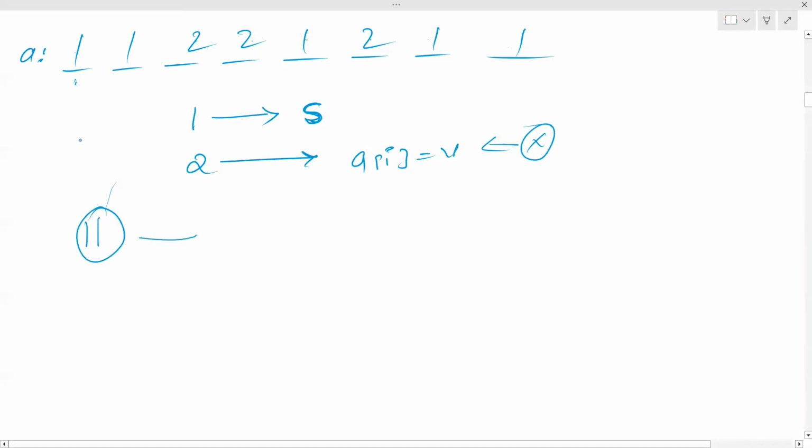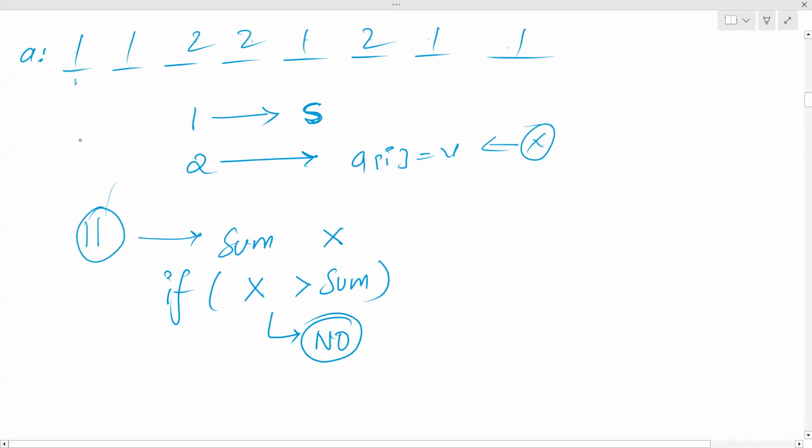If I give you any value as my query, let's say X, first of all, if X is more than the sum, what do you think will be the answer? Is there any subarray? No, right? So the answer will be no.